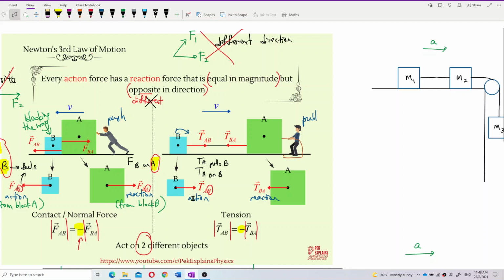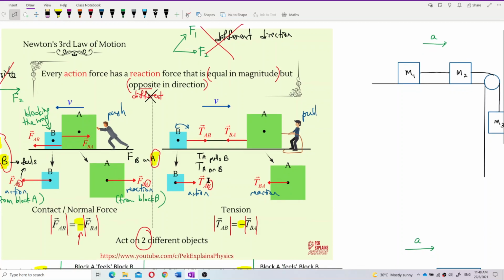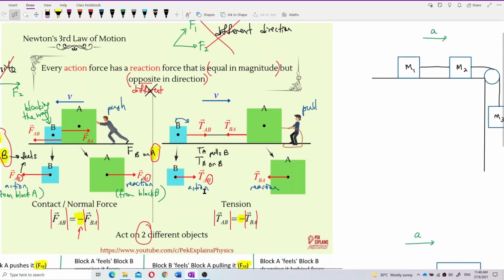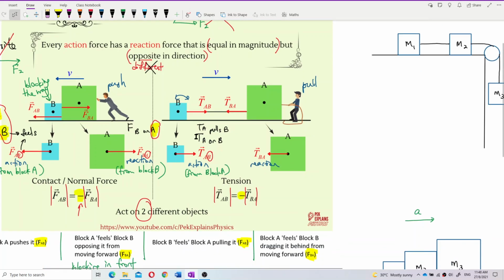Okay? So TAB actually comes from who? It comes from block A. That means, when these two blocks go to the right, actually it is block A who is pulling on block B. Block A pulls block B by TAB.